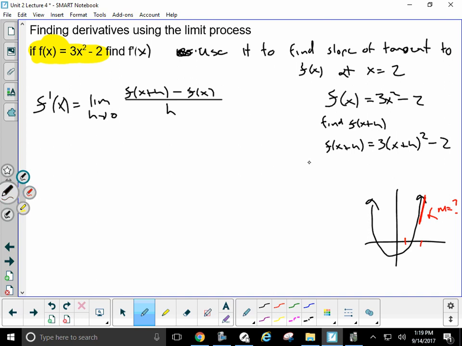All right, now that I have that, let's go ahead and substitute it into my magical formula. I will take this and put it here. I will take this and put it there. Go ahead and do that.